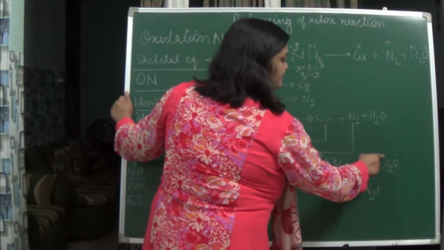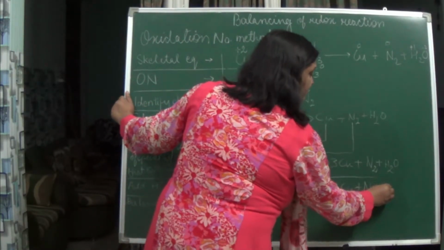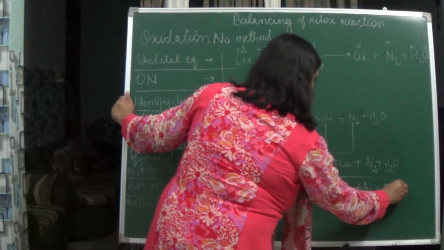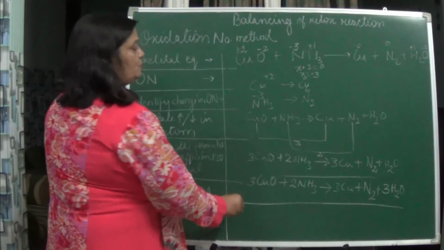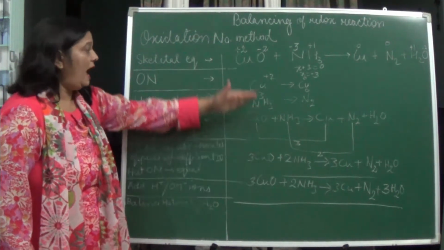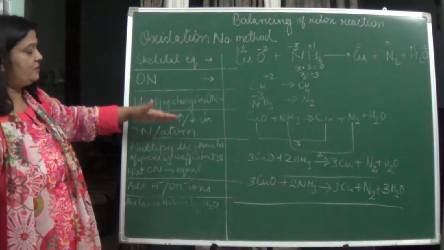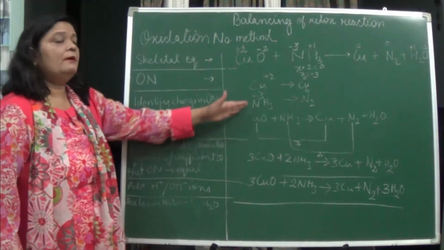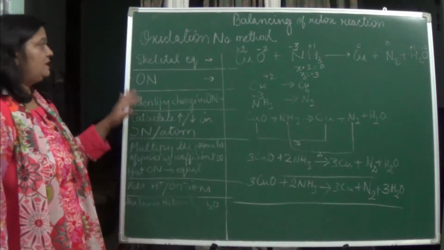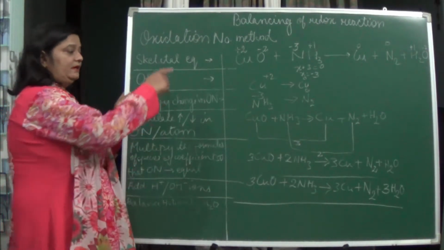So for making it 6, you have to write 3 over here, 3H2O. Now your reaction is totally balanced. So when you are balancing an equation, you have to follow all the steps, okay, in order to balance the equation. Okay. So this is done by the oxidation number method in this manner.